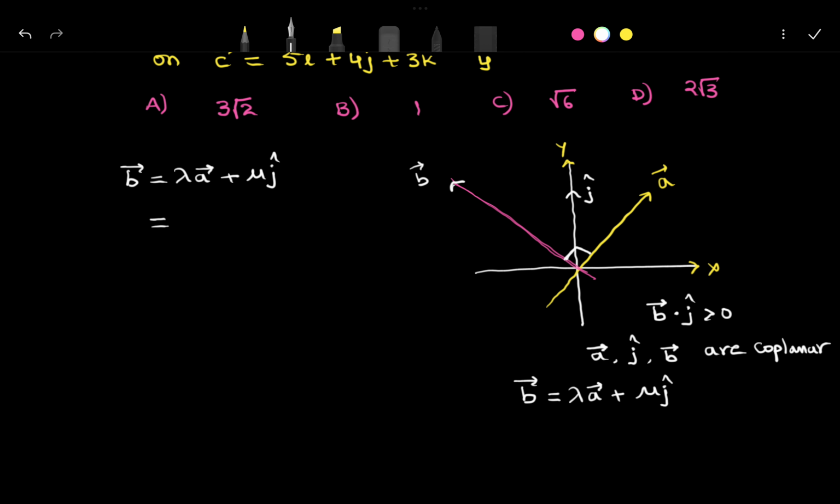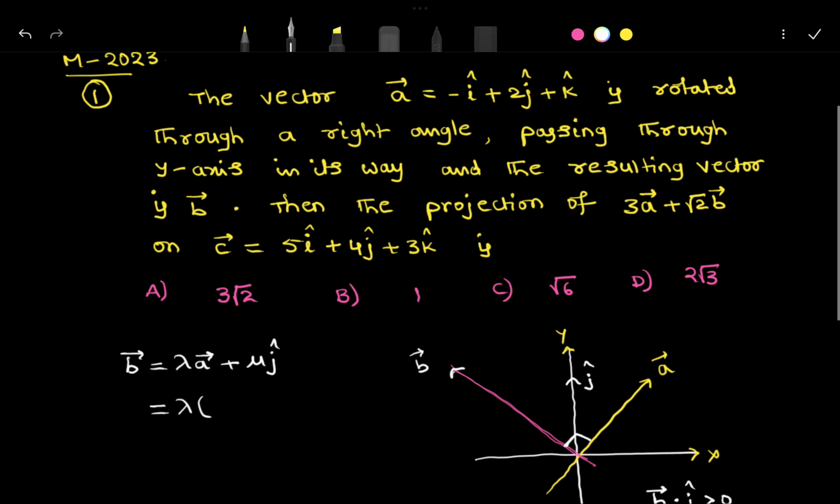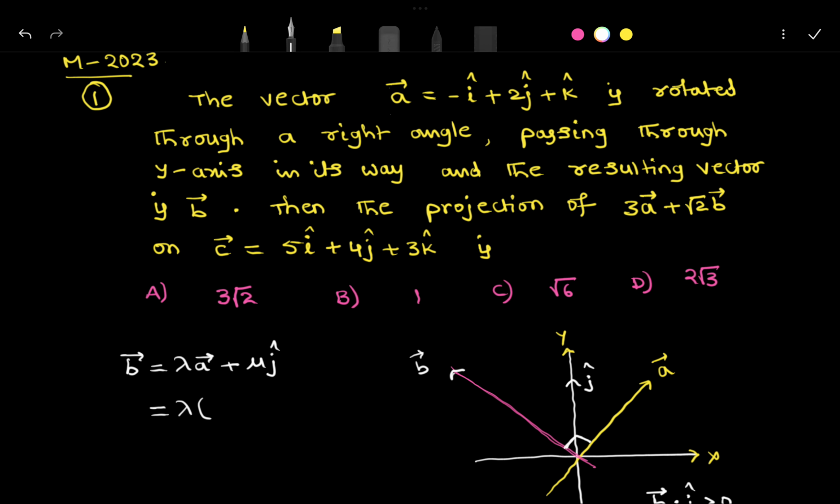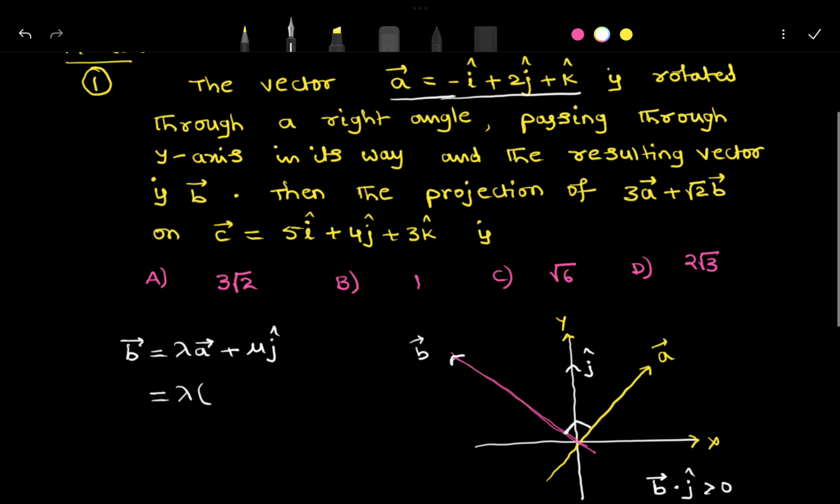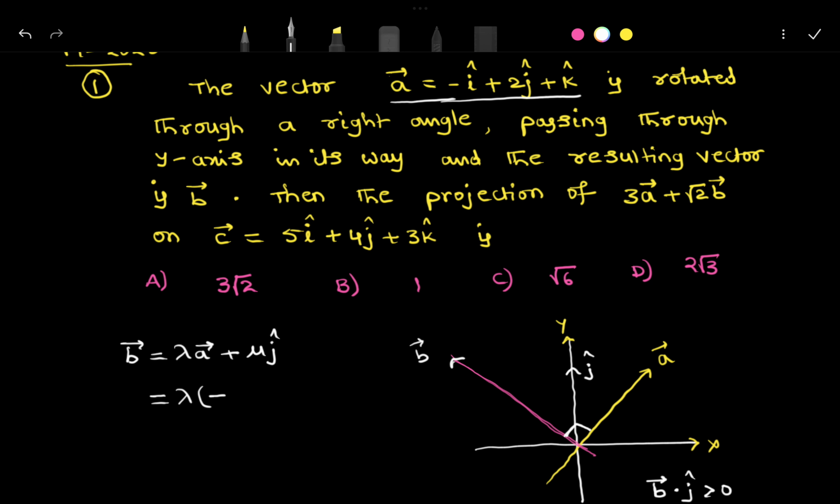What is the vector a bar? It is given in this question: minus i cap plus 2 j cap plus k cap. So this is a bar plus mu into j cap.